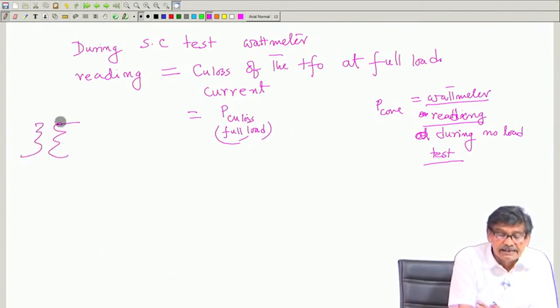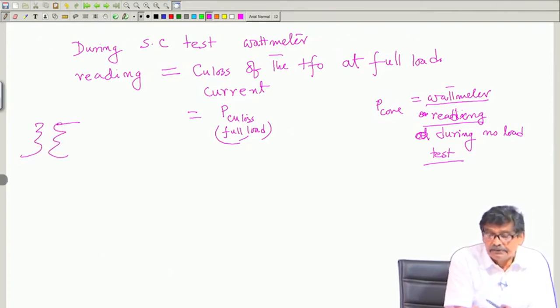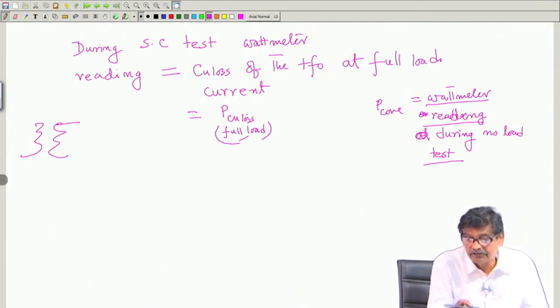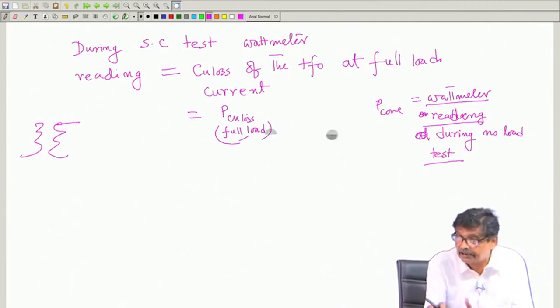Now, I am asking you a straight question, that if the windings are carrying rated current, then what will be the total copper loss? That copper loss I am telling full load copper loss when the coils carry rated current.